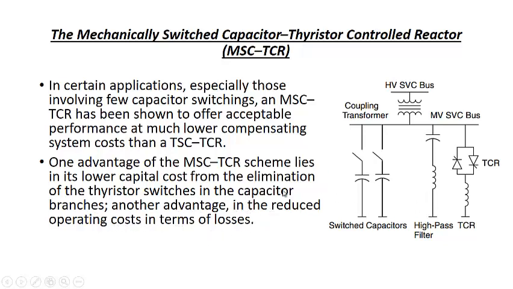There will be less loss because switching loss will not be there in the case of the mechanically switched capacitor, or MSC. Usually the mechanical switch may be a circuit breaker, and the thyristor switch will be thyristors. We know that the switching losses for thyristors are more as compared to the mechanical switch. That's why while using the mechanically switched capacitor, we'll have fewer losses.